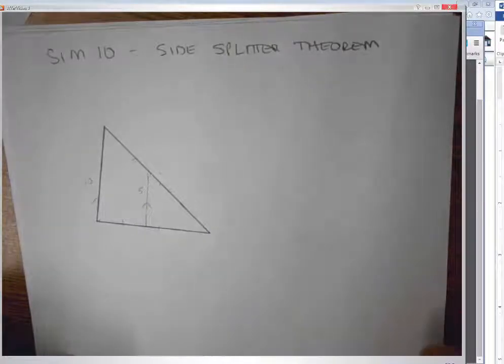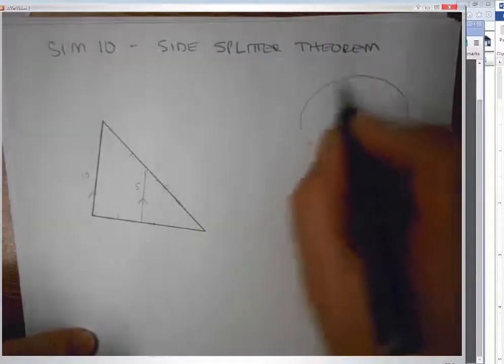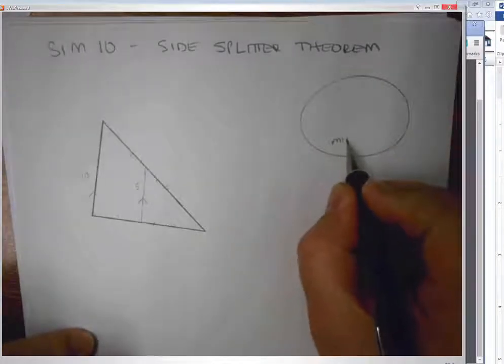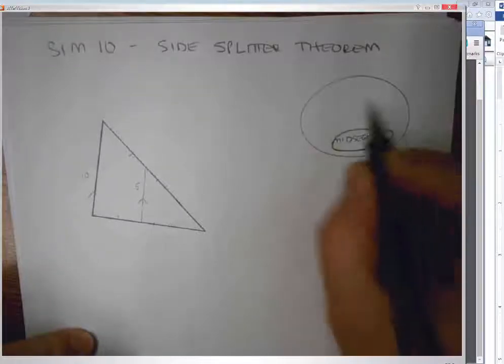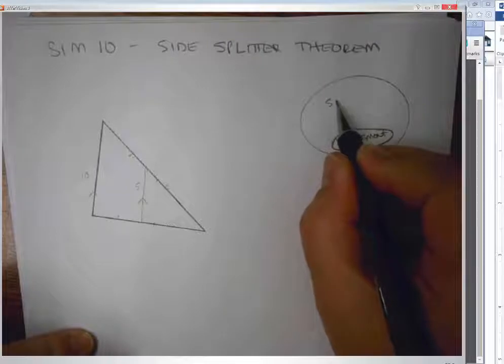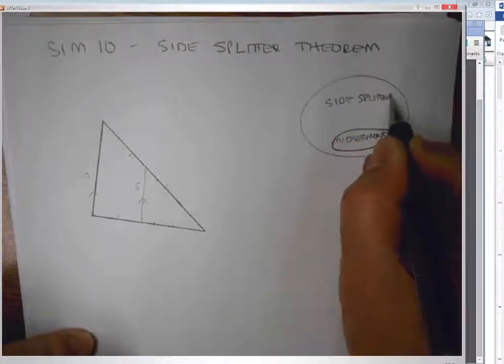We'd worked on this before, and today what we're going to be working on is an extension of that. In other words, the mid-segment concept is a subset of this now larger concept that we're learning about called side splitter.